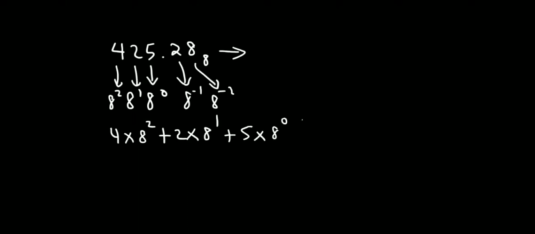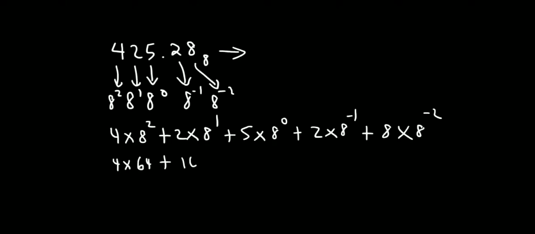So you will evaluate 4 into 8 to the power 2, 2 into 8 to the power 1, 5 into 8 to the power 0, 2 into 8 to the power minus 1, and 8 into 8 to the power minus 2. So you will evaluate 4 into 64 plus 2 into 8 plus 5 plus 2 upon 8 you will write this.